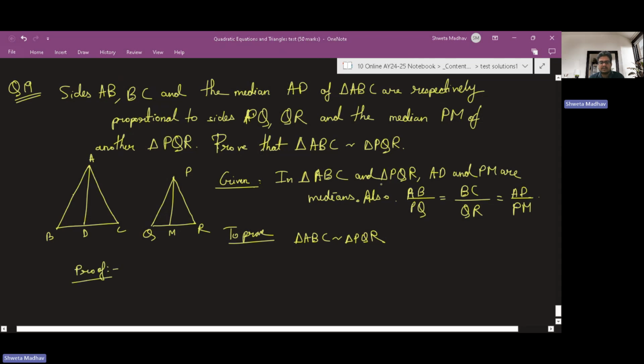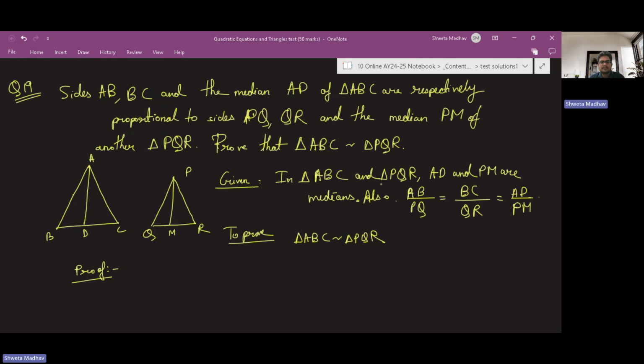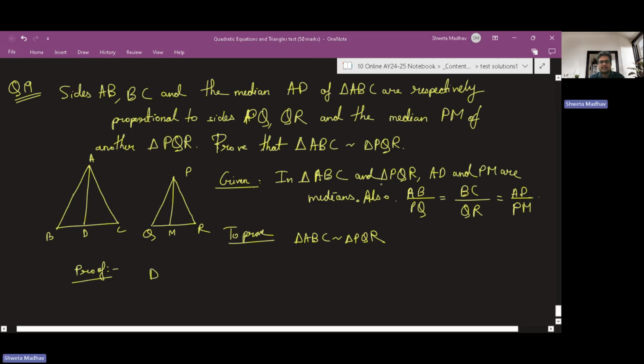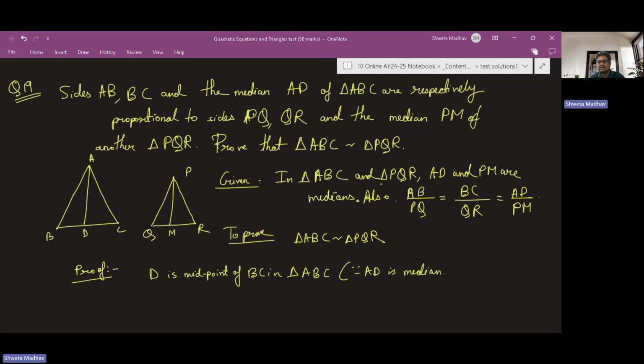Now here we can see that D is the midpoint of BC in triangle ABC, since it is given that AD is the median.